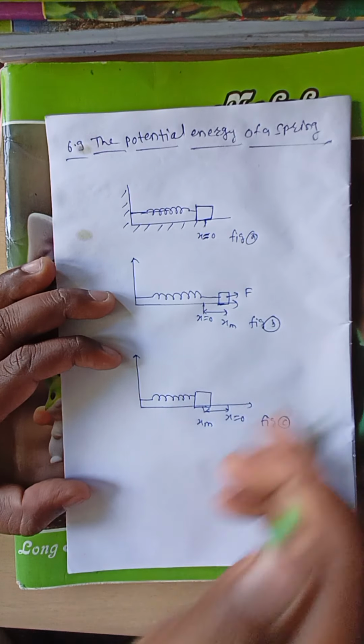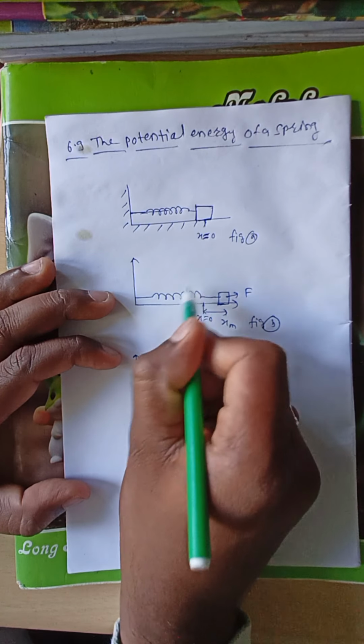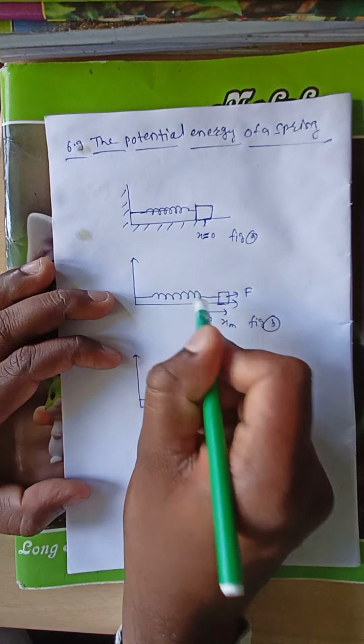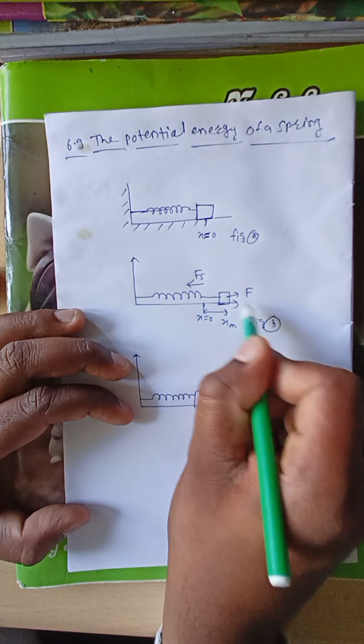When you apply force in an outward direction, inside that spring some force is generated, and that force is known as the spring force. The direction of the spring force, Fs, is opposite to that of the applied force.